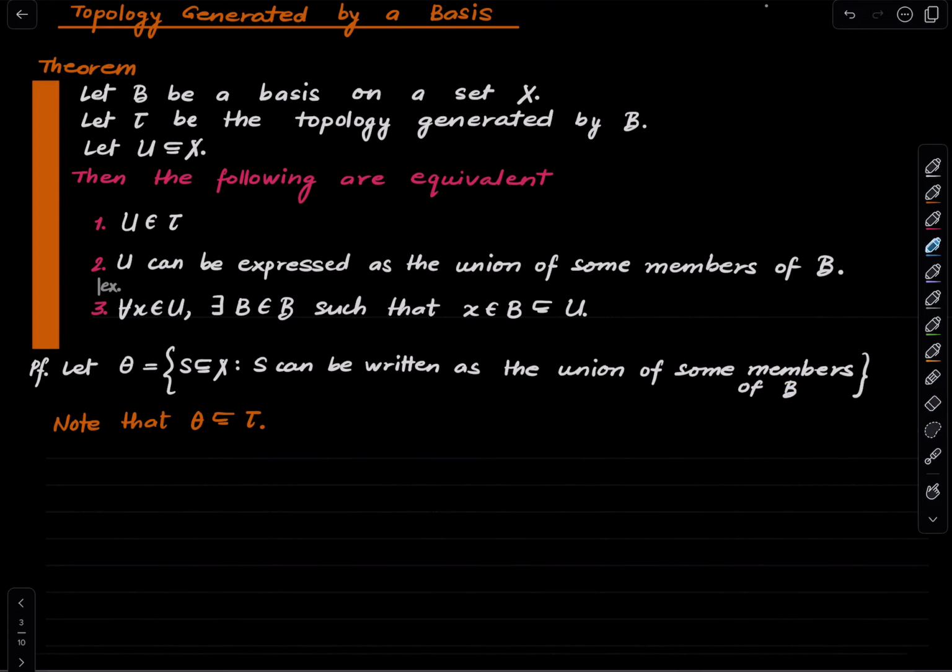So we will show that the reverse containment holds, which will prove what we want to prove. So once we establish that theta and tau are the same things, these two statements will become equivalent. And I'll let you figure that out if that is not immediately clear. So why this will imply that is an exercise.